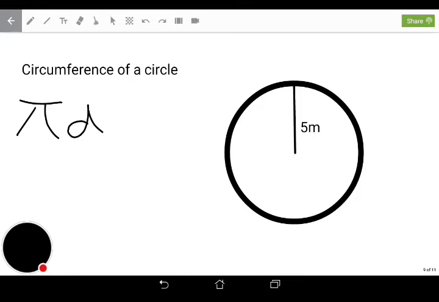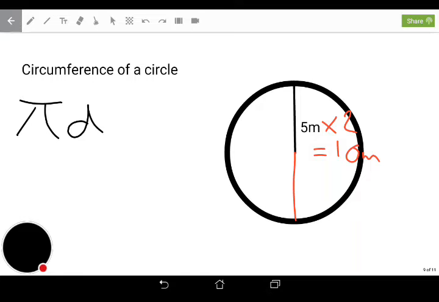Now, in this example here, we've been given the radius, so I need to times that by 2. I need to times that by 2, which gives me 10, because the diameter, as we said earlier, is twice the radius.